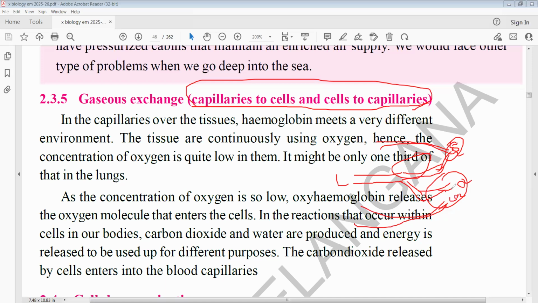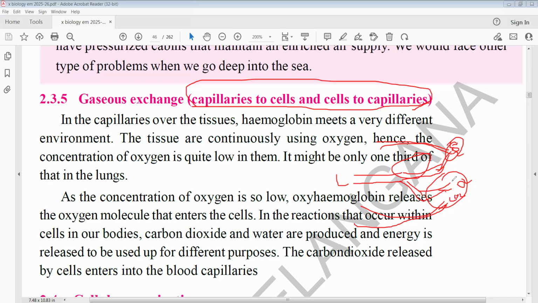Capillaries are nothing but small, minute blood vessels. They help to leave the oxygen into the cell, and they collect the carbon dioxide from the cell. So carbon dioxide is collected by the capillaries connected to the veins, and oxygen is left by the capillaries connected to the arteries.